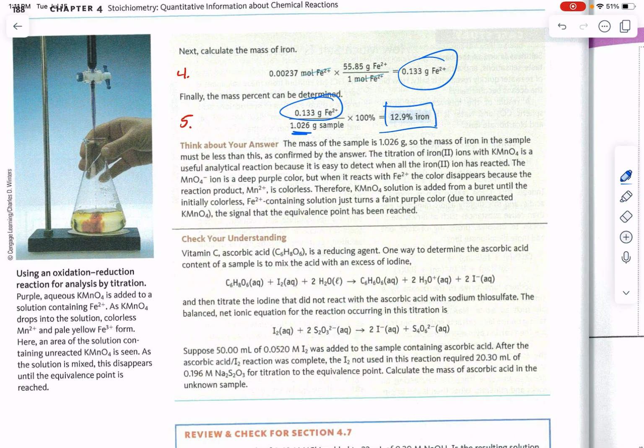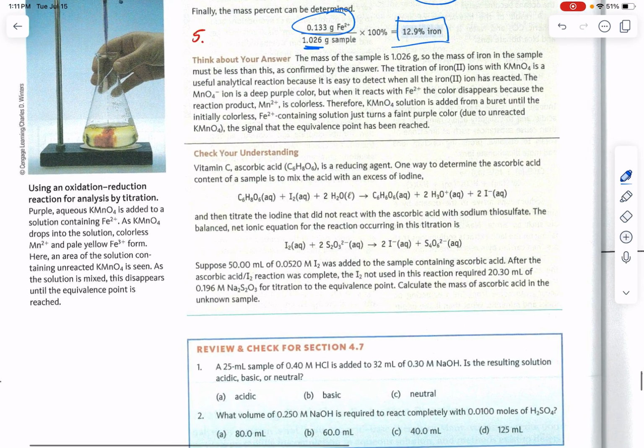But this is based upon the number of protons being lost to equal the number of protons being gained. You also have electrons being exchanged, and all of which must be balanced in this redox reaction.